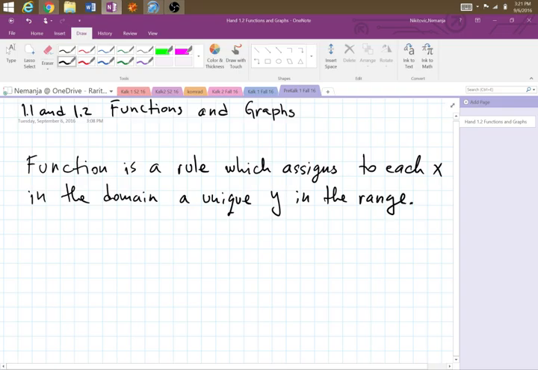And we are going to underline words rule, domain, range, and the word unique is going to be underlined twice as the very important word. Otherwise, we would underline 5 times.